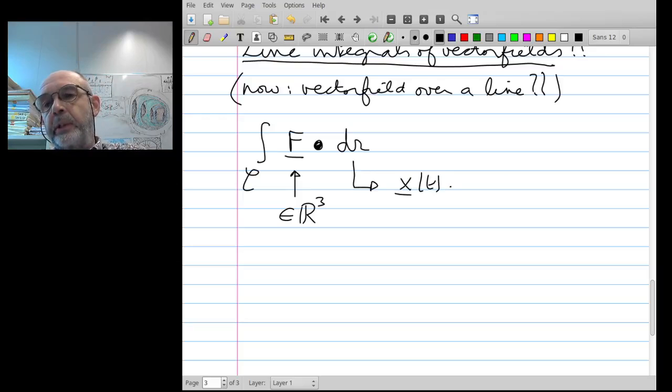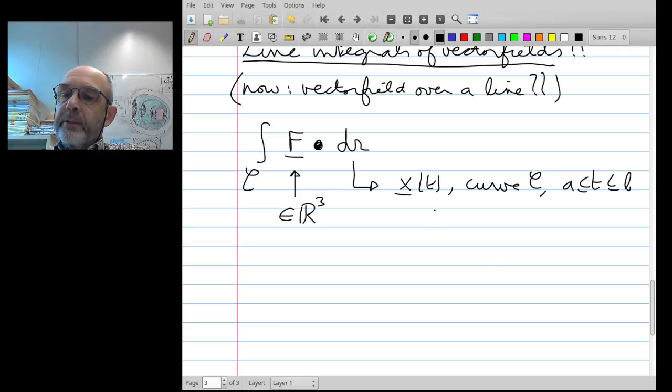This is your curve. Your t is between some a and b, and this one is also an element of R3.